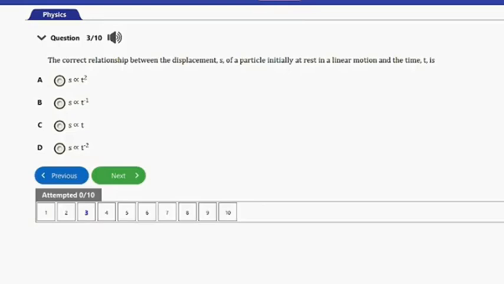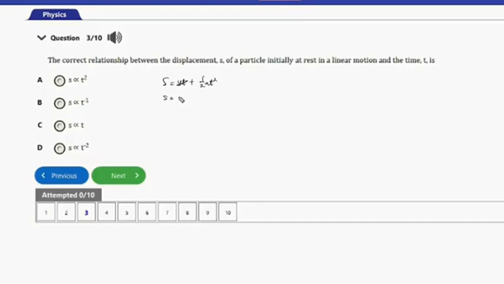So if we use Newton's equation of motion, S is equal to ut plus half at squared, since it's initially at rest, the initial velocity u will be 0, and that cancels out ut.